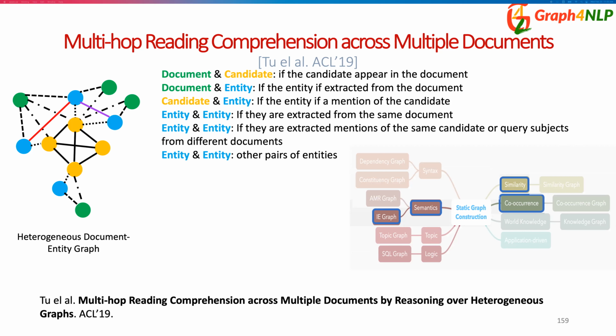Similar to the previous one, we have the relationship between entity and entity, whether they're in the same document or they are the same mentions of each other. Then you also have document and candidate, document and entity, candidate and entity, and so on. So basically, the entire graph is richer than what we have seen before.